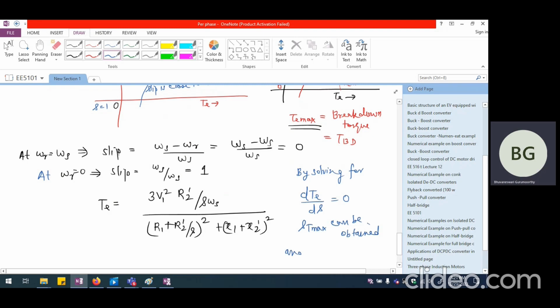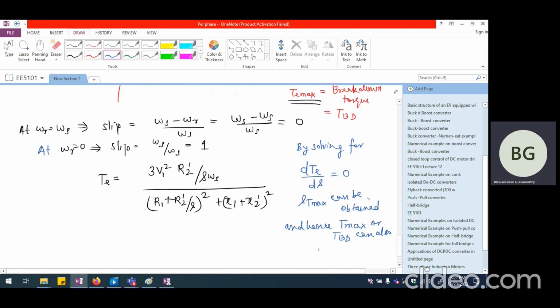And hence T max or TBD can also be obtained.